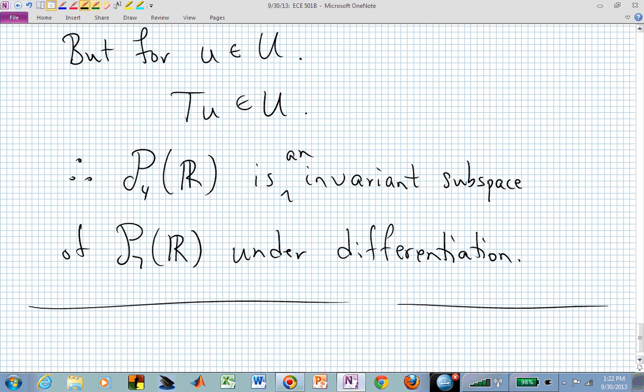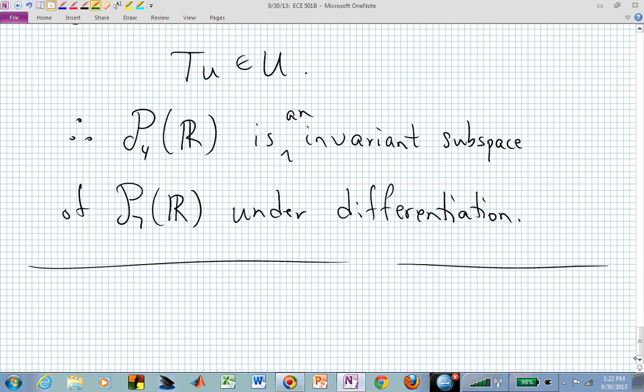Maybe as a way to get us thinking about what could possibly happen on the exam, what if we play with this idea of a subspace?